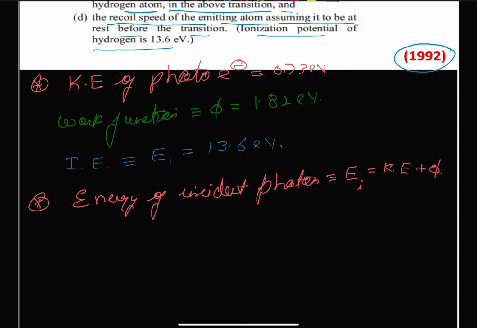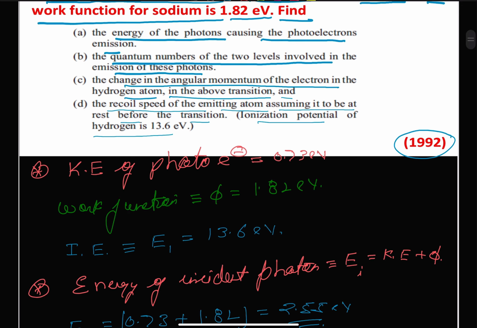So we substitute the values: kinetic energy is 0.73 plus work function 1.82, this gives us 2.55 electron volt. So this was our part A.